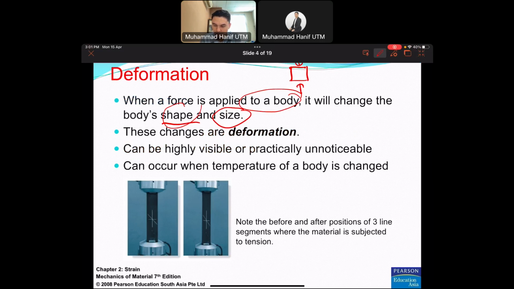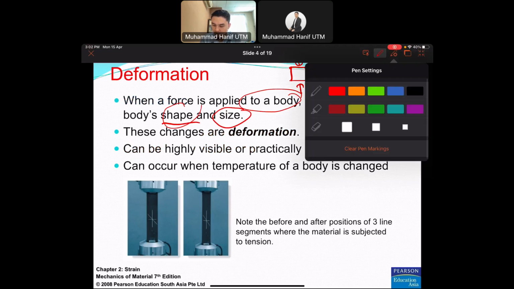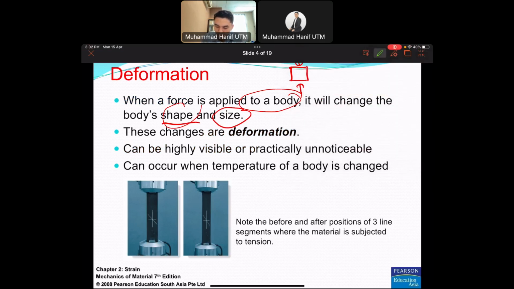Let me change the color here. It will change like this, for example, it becomes a nasi ayam penyet. Ayam penyet, okay, I'm getting hungry. So this is the deformed body. The green color is the deformed body.